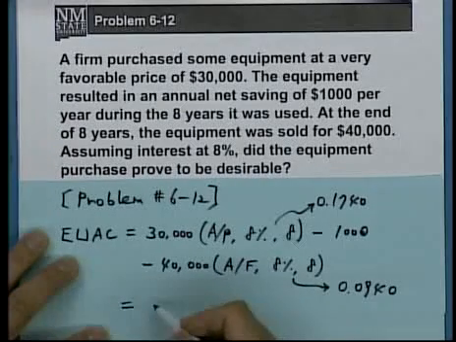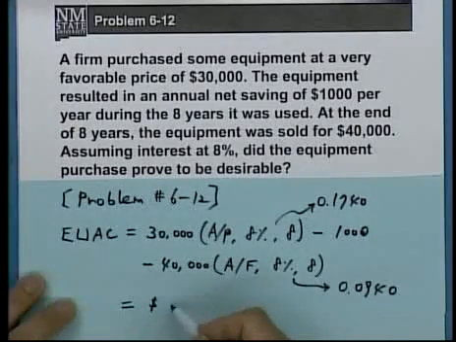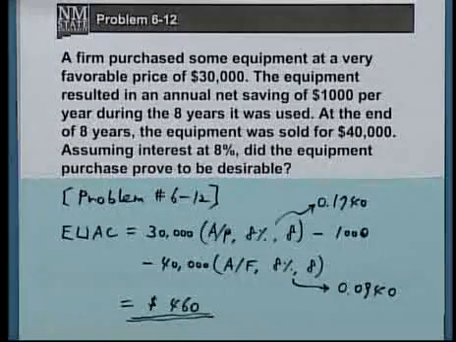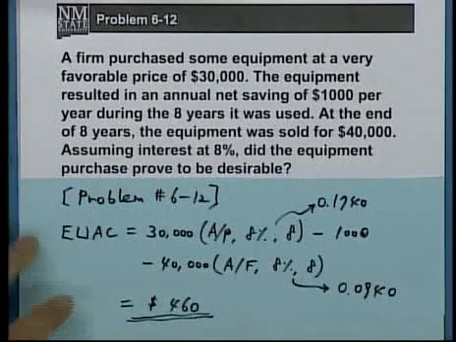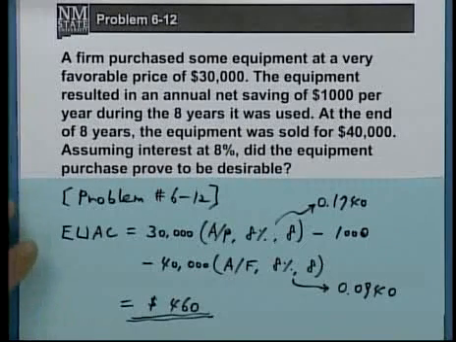So here we have $460. So the equipment has an annual cost that is $460 greater than the benefit. So the equipment purchase did not turn out to be desirable. Okay?